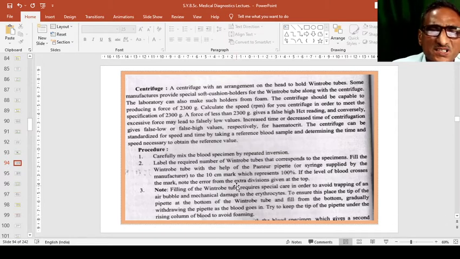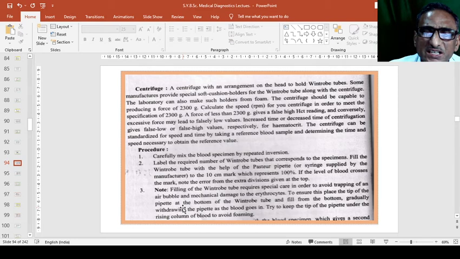In the centrifuge machine, we can calculate with the speed of maximum RPM or a medium speed to be used for the hematocrit method, determining the timing, the speed, and how the blood is centrifuged properly.